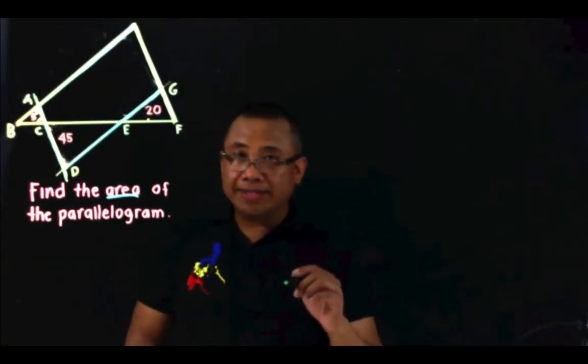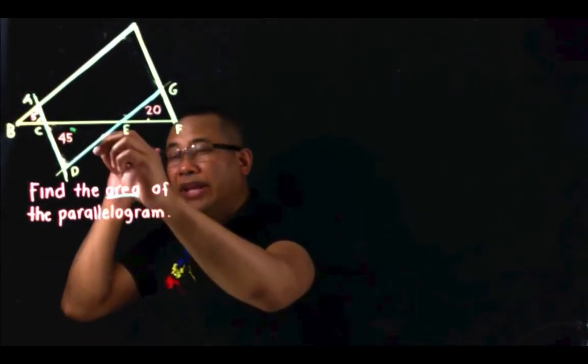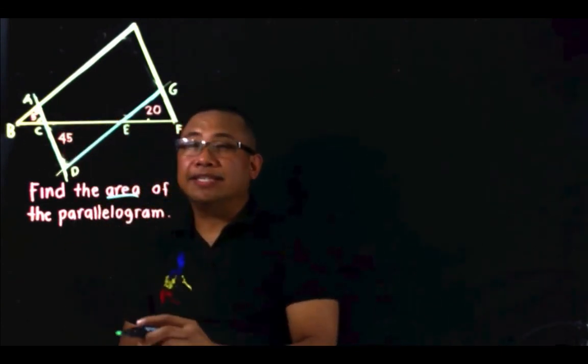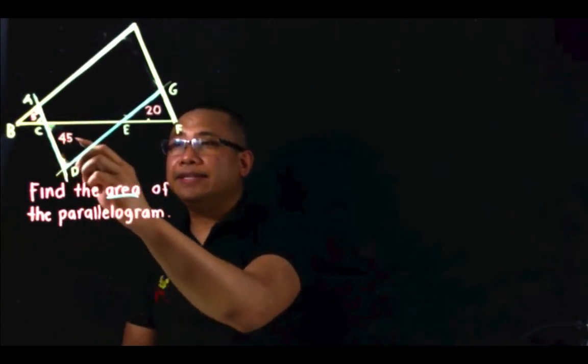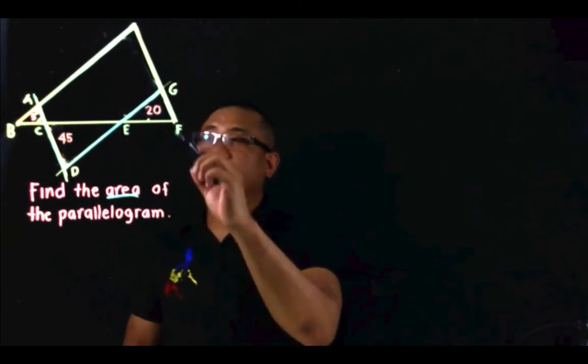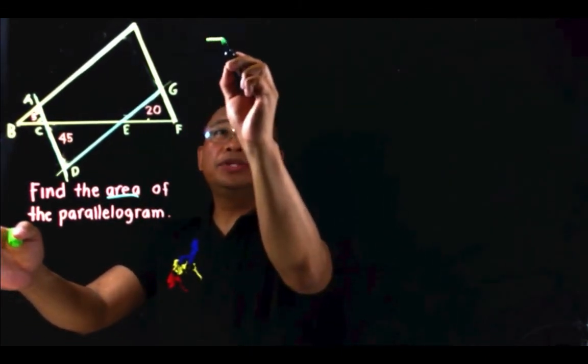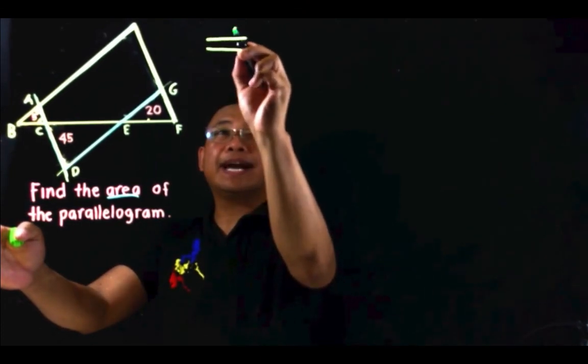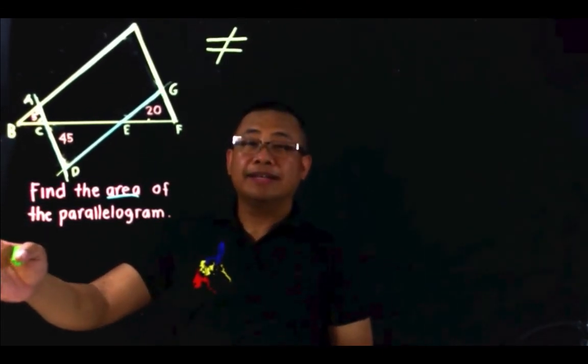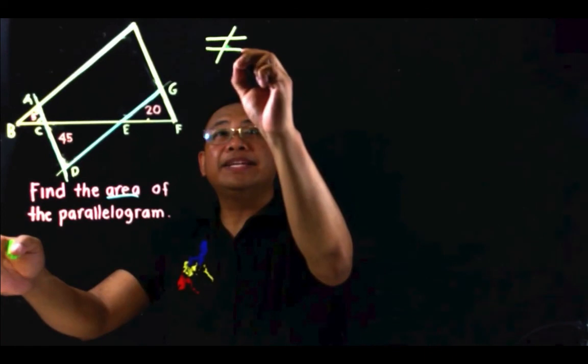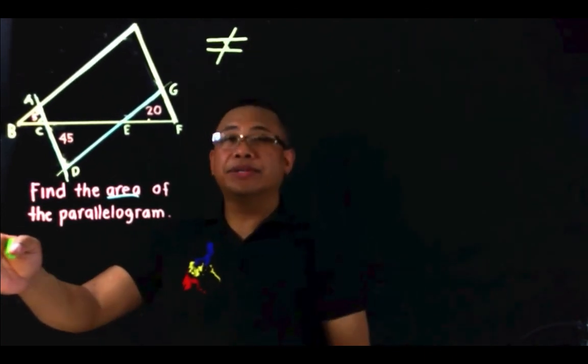So in order to implement the second plan, first we label the points of intersections. This point A, B, C, D, E, F, and G. Then let's recall that when you have 2 parallel lines cut by a transversal, the alternate interior angles are congruent.